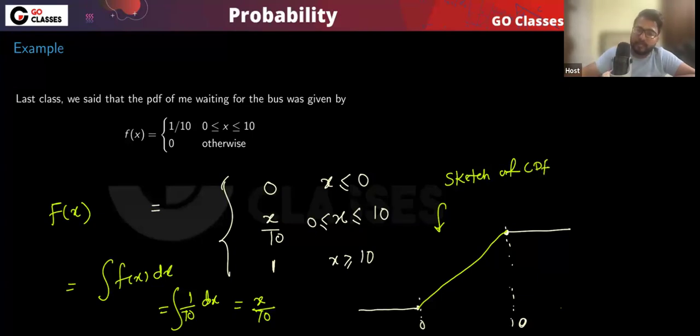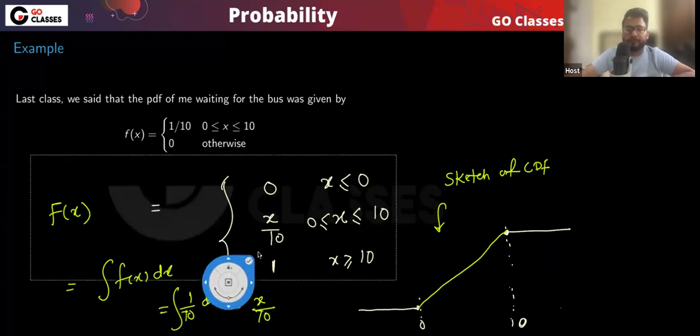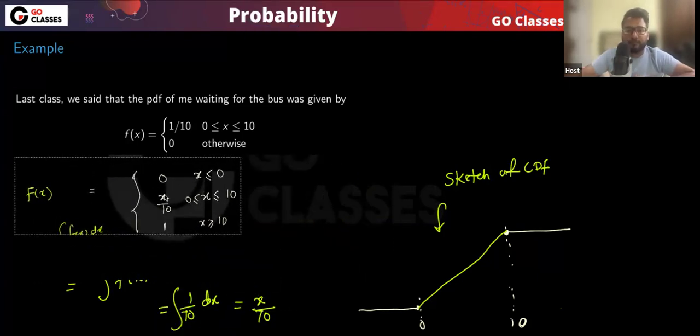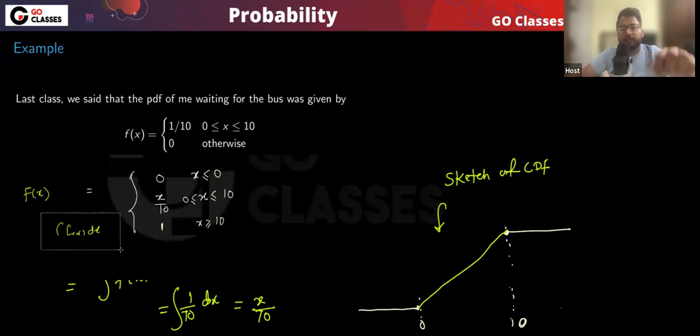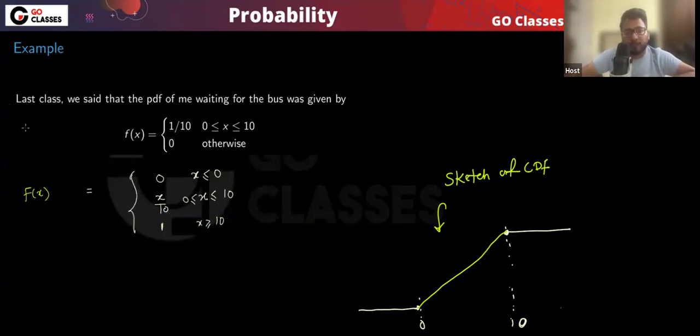So what is the sketch of PDF? The PDF sketch is just constant, which means this is the sketch of PDF. It is just like a uniform distribution.